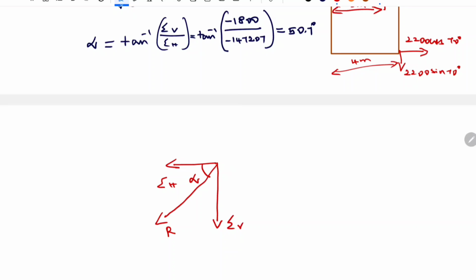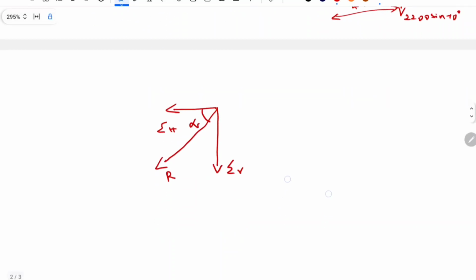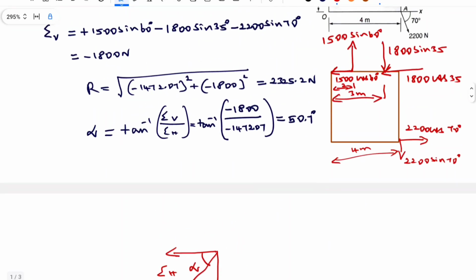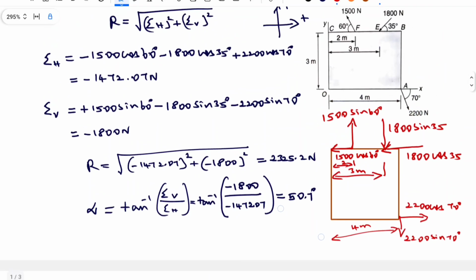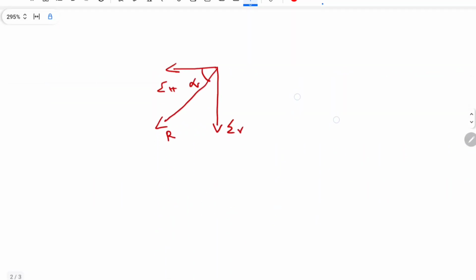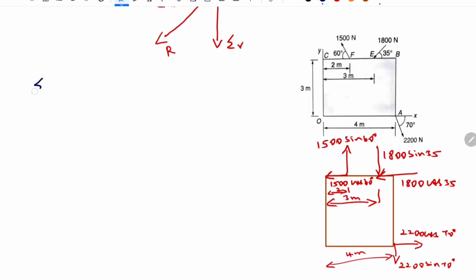Now, to find the location of the resultant force, I need the moment. Let us find the moment from the left top extreme point. You can find the moment from any place, but I prefer this point C, the left side top extreme point. So let us find the moment about the point C. Starting from the 1500 sin 60, this is acting in the clockwise direction with a perpendicular distance of 2 meters.